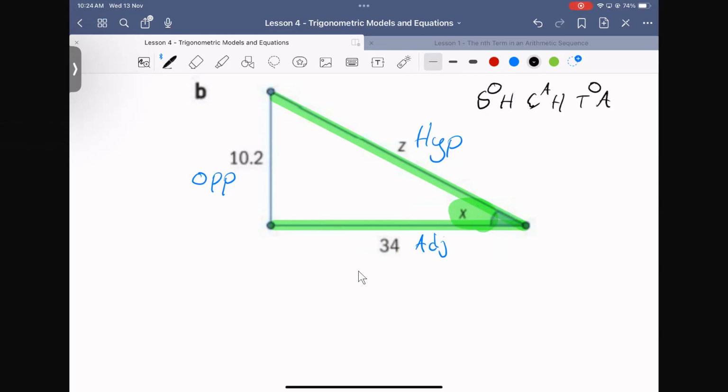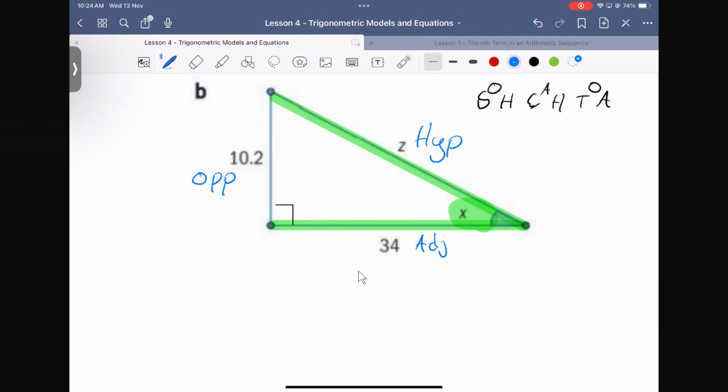Next, we need to decide that we are going for the hypotenuse. We can use SOHCAHTOA, but we can use another strategy when working with a right-angled triangle. If we know two sides and we're trying to find the third side, which theorem should we use?